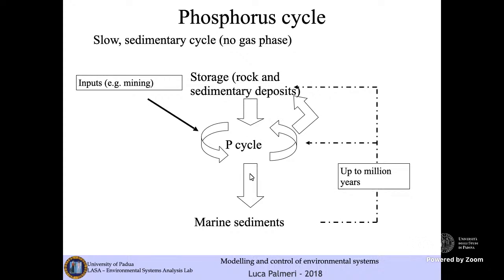Of course, there is the main downward process that moves phosphorus from the rocks and sedimentary deposits through the phosphorus cycle into the biosphere, into marine sediments that are essentially produced by biological waste products. Okay.